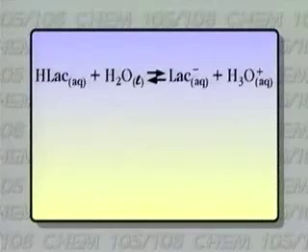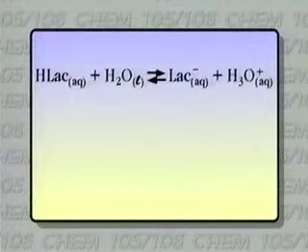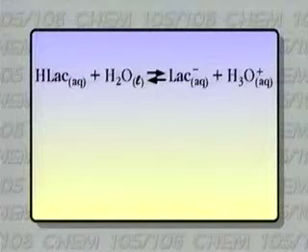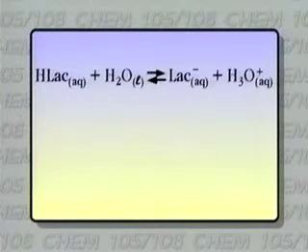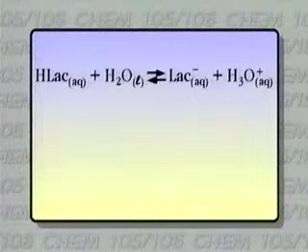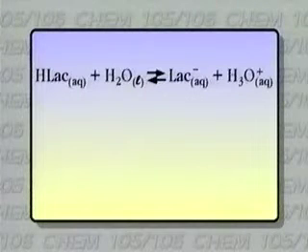Let's look at another acid-base reaction. Lactic acid. We talked about lactic acid in the chapter on acids and bases, and lactic acid is the acid that we find in milk from lactose. Lactic acid reacts with water.